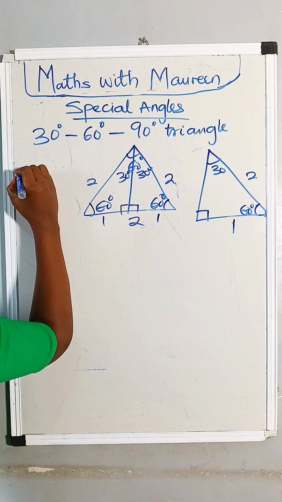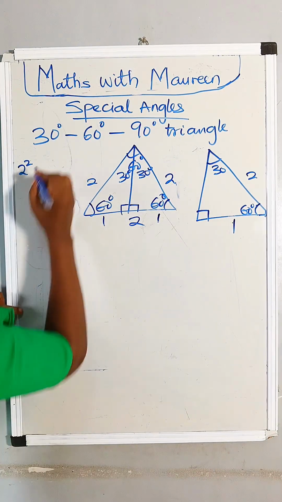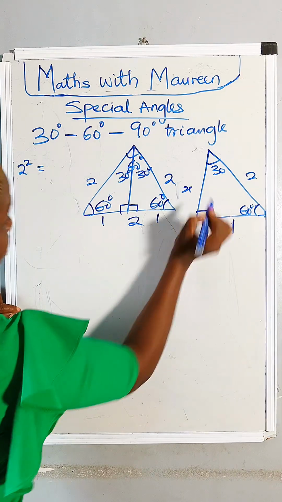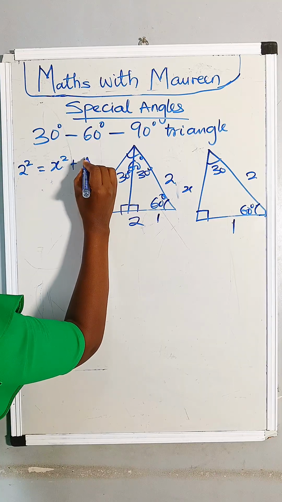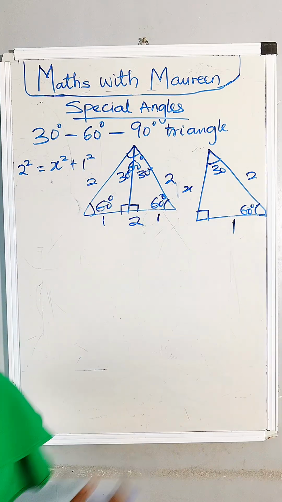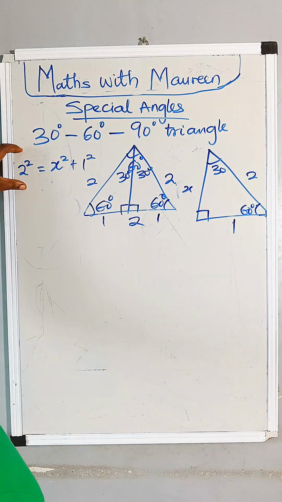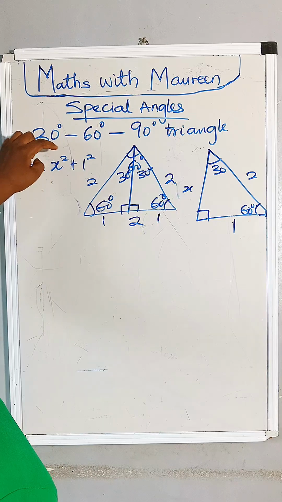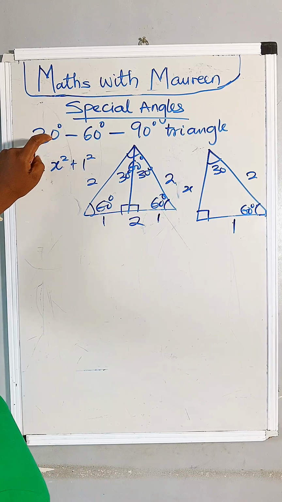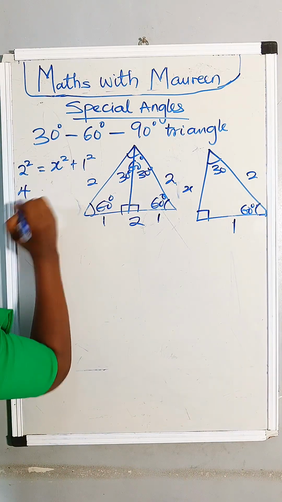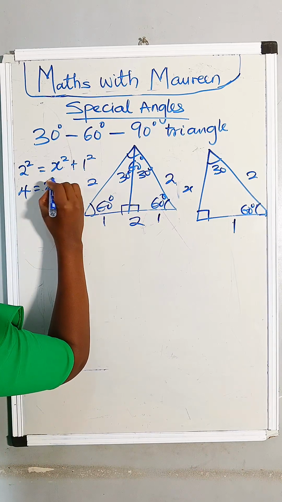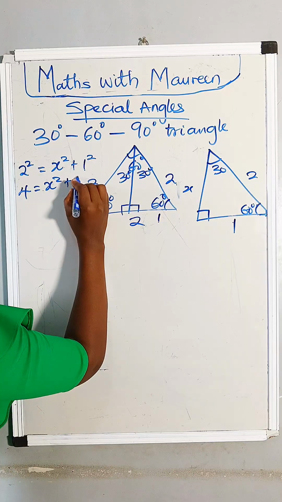Okay, so we have that 2 squared, which is hypotenuse squared, equals, let's label here x, x squared plus 1 squared. The square of the hypotenuse side is equal to the sum of the squares of the two other legs. So we have that 2 squared is 4 equals x squared plus 1 squared is 1.